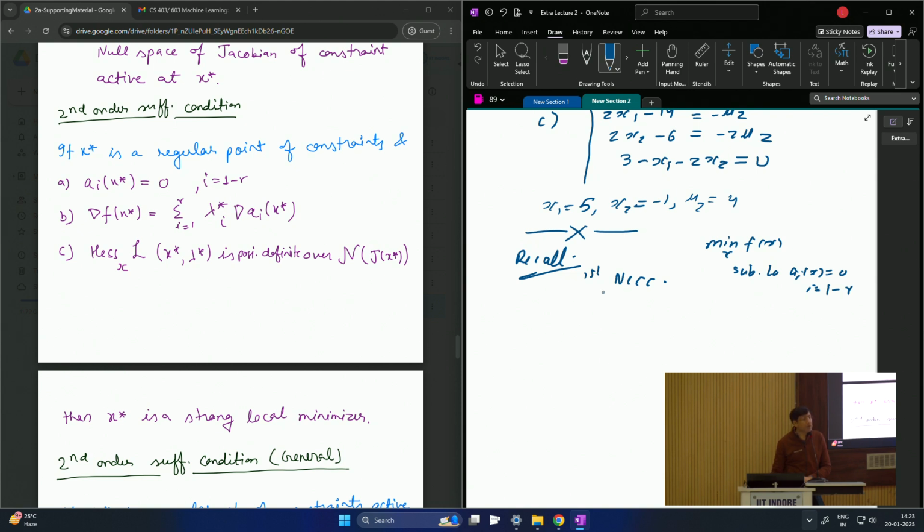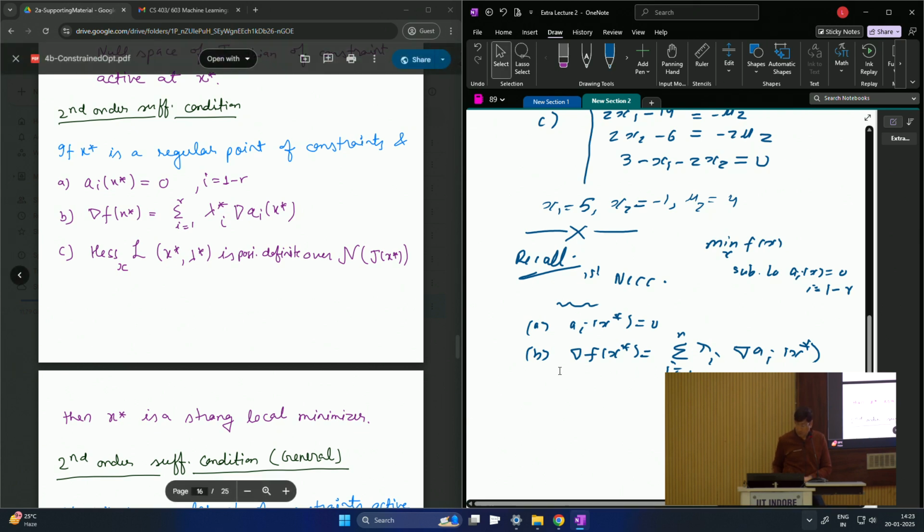The first order necessary condition, besides the regularity, was that ai of x star at that point should be 0, and the gradient of the function at x star should be a linear combination of the gradients of the constraints. By now you should remember it, we've done it 3-4 times now, right?